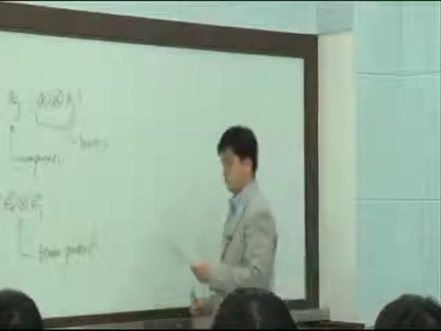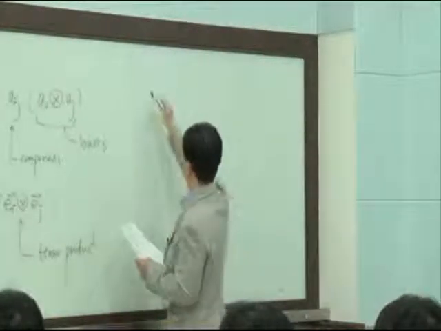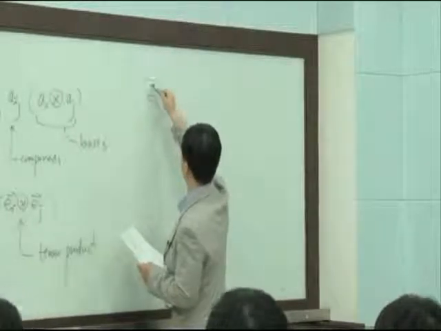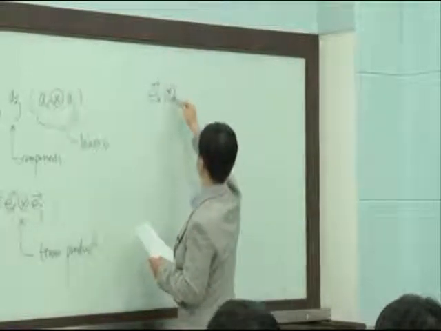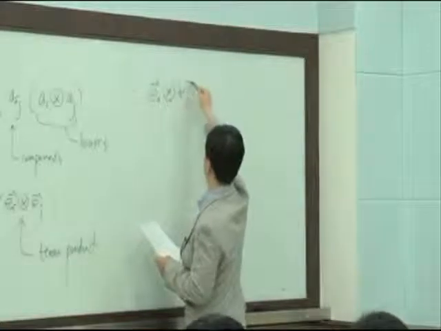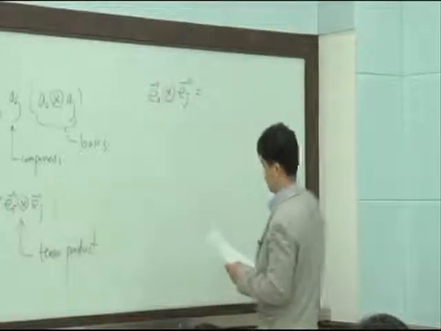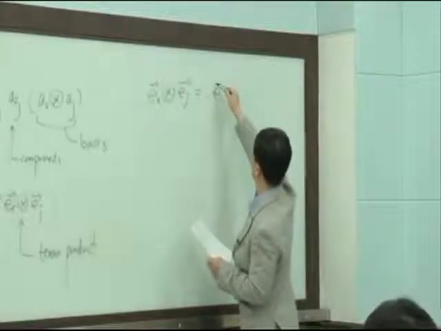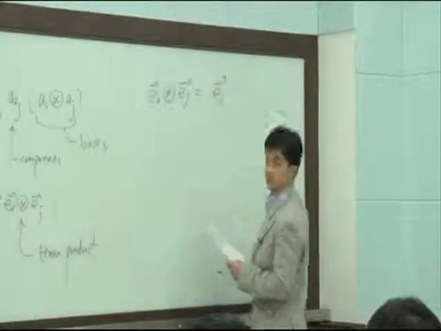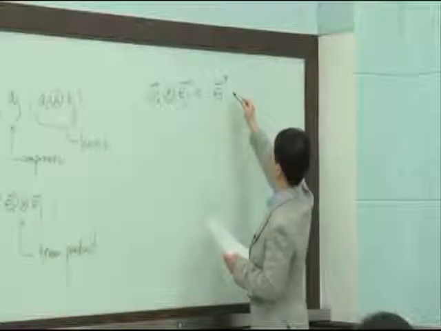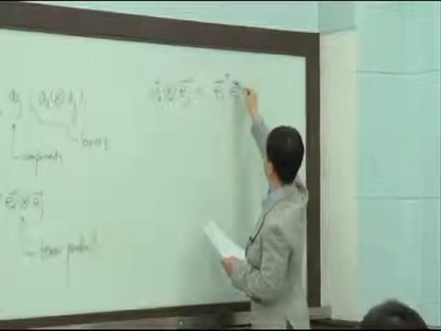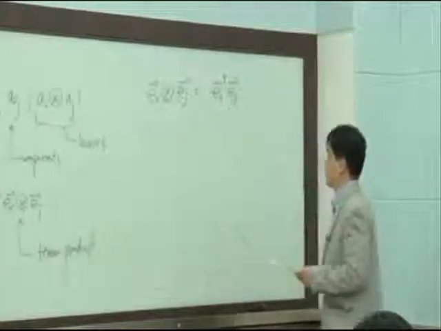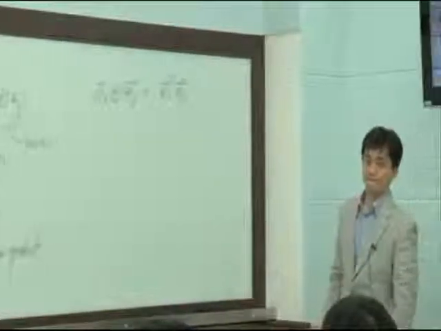So let me define the tensor product. Ei tensor product Ej equals Ei Ej transpose.